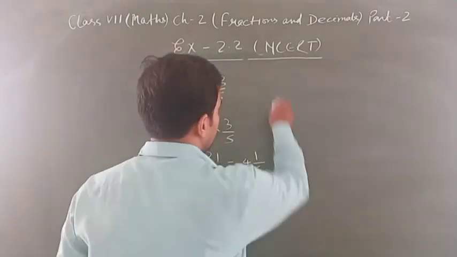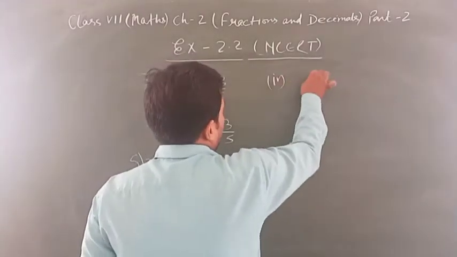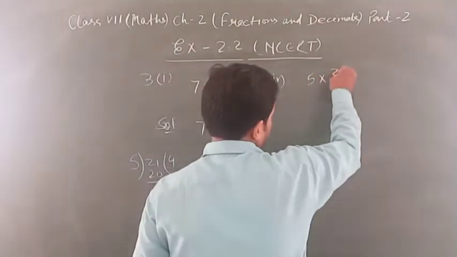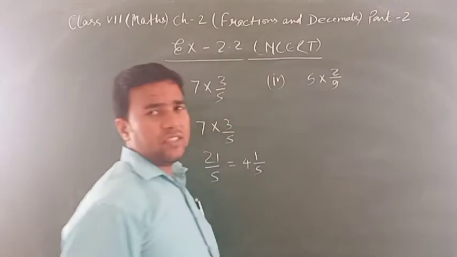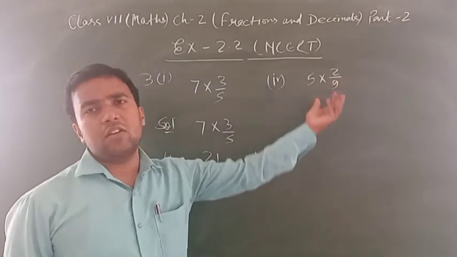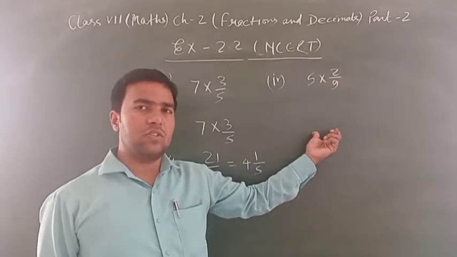Next part 4: 5 into 2 by 9. Very easy question. Clear? Very easy. Do multiply and reduce. If you can reduce, you can reduce it.